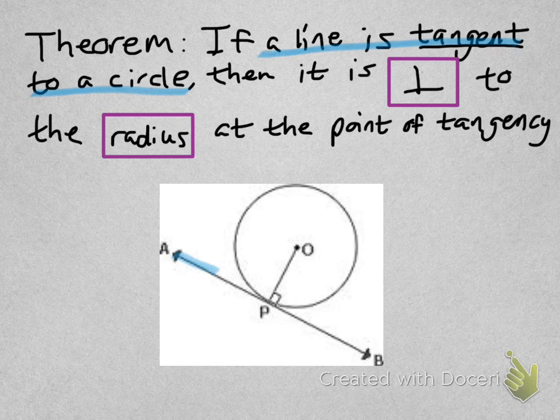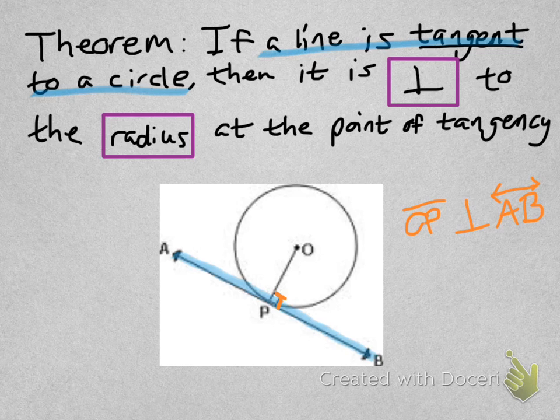If a line is tangent to a circle, which we say AB is tangent to circle O, then it is going to be perpendicular to the radius at the point of tangency, so at point P. We can say that OP and AB are perpendicular. So OP is perpendicular to AB, or we call it line AB if you'd like. Okay, so that's what the theorem says. If it's a tangent line at the circle, then that place where they meet would be a perpendicular intersection.